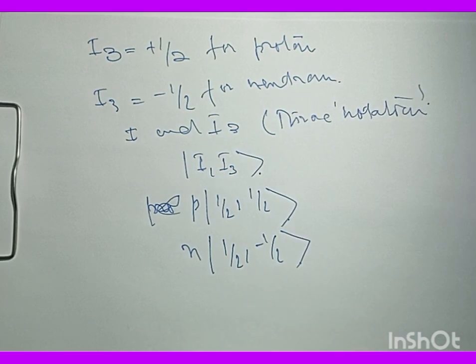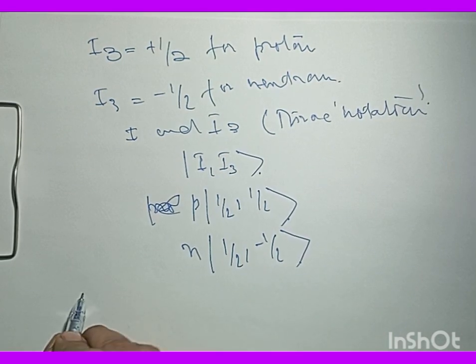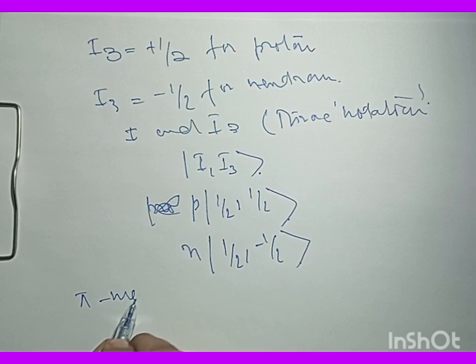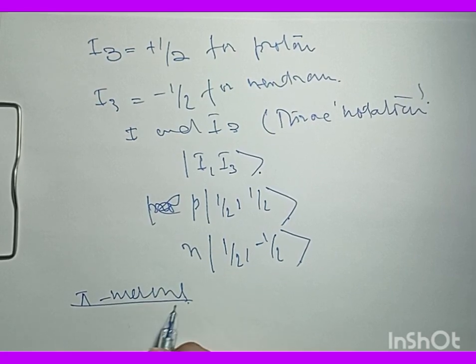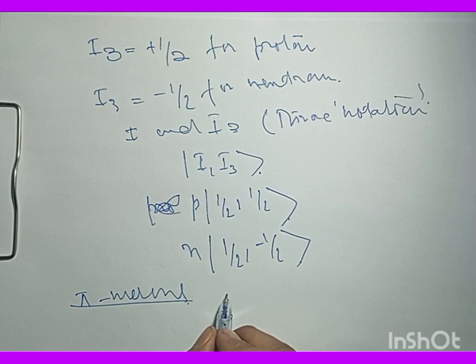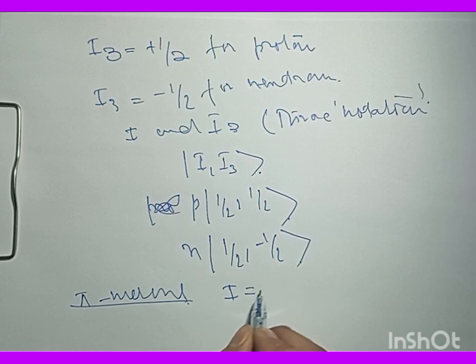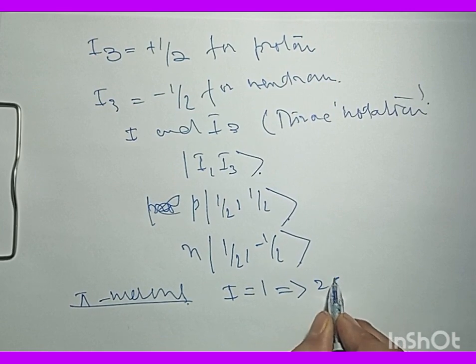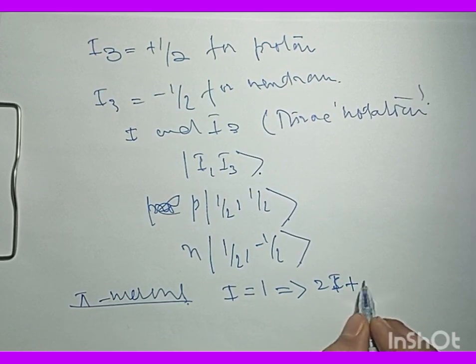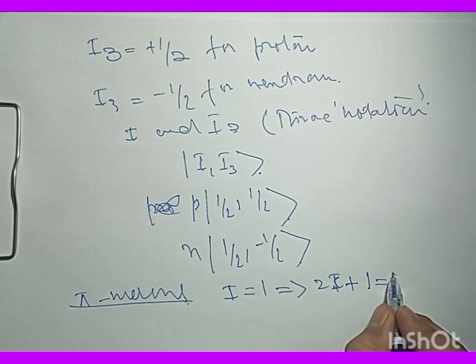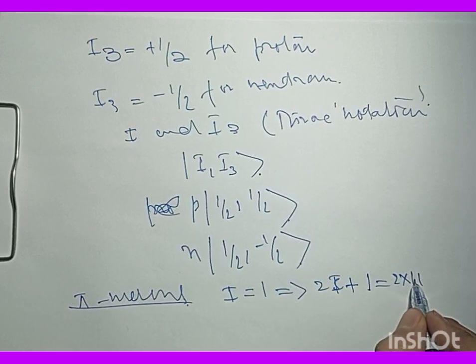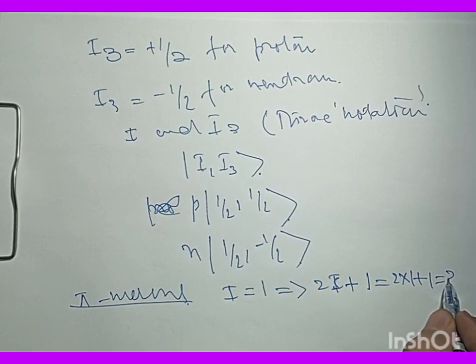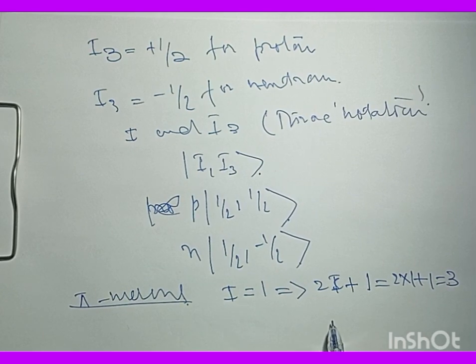Similarly, if we take pi mesons with isospin I equal to 1, this implies we have 2I plus 1 possible orientations. This is 2 times 1 plus 1, equal to 3. So there are 3 possible orientations in the isospin space.